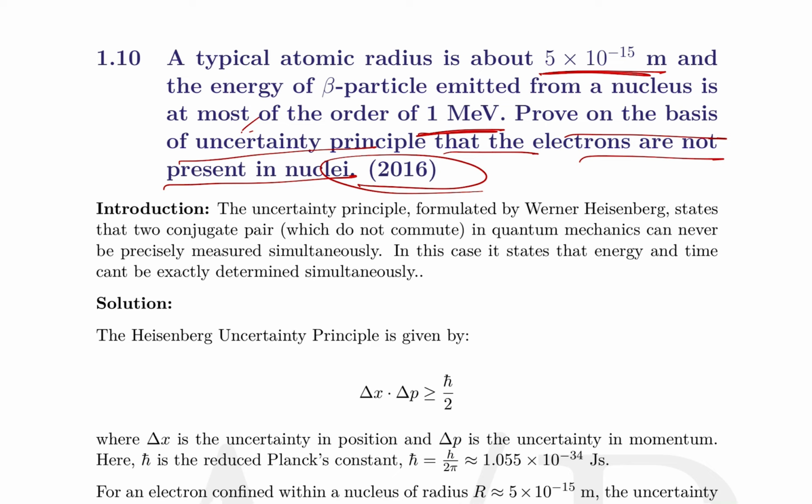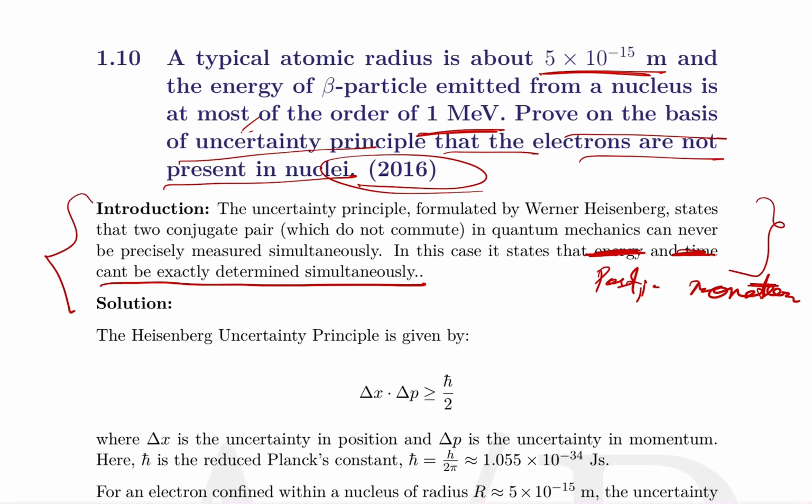It should be position and momentum, not energy and time. So in this case, position and momentum can't be exactly determined simultaneously. Again the same question, just a little bit of tweaking, and we framed a new introduction for a new question.